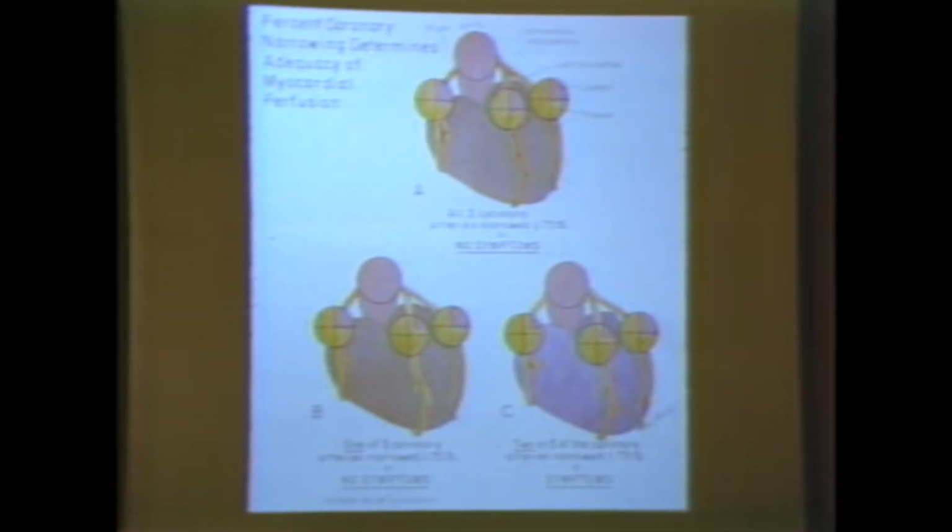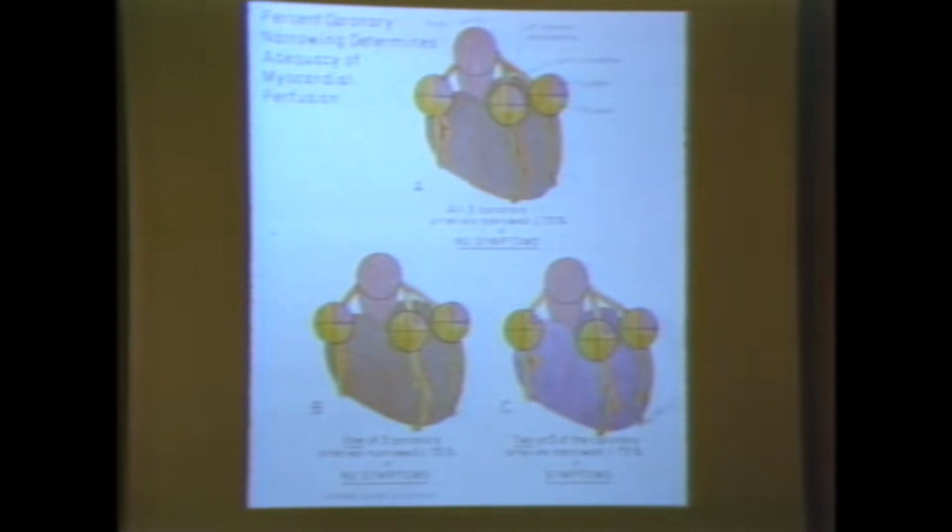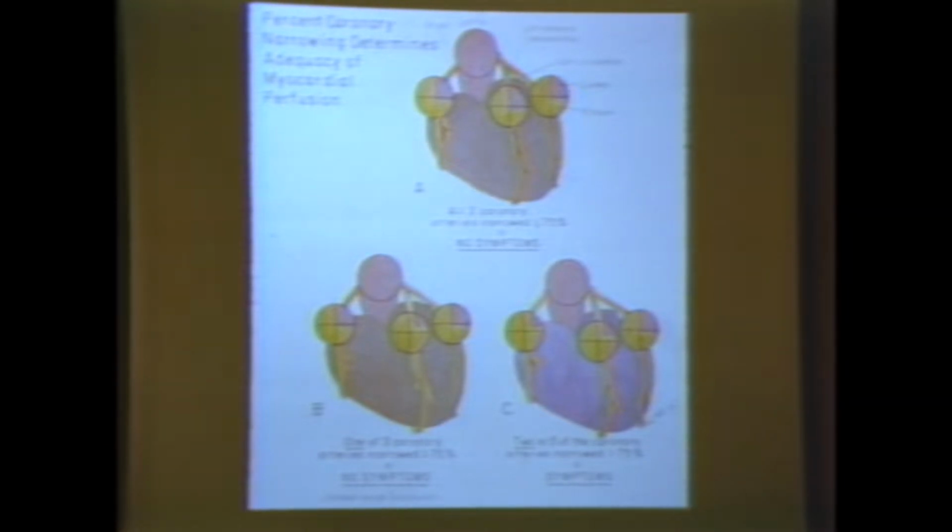This slide is based on a study done about 10 years ago and shows the amount of narrowing or the number of coronary arteries necessary to be narrowed greater than 75% in cross-sectional area in most patients with at least fatal coronary disease.